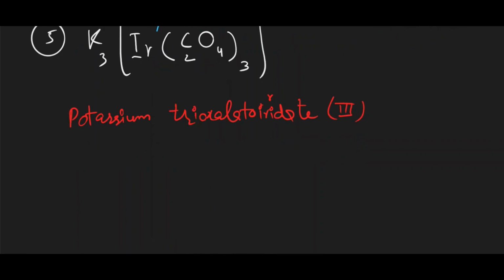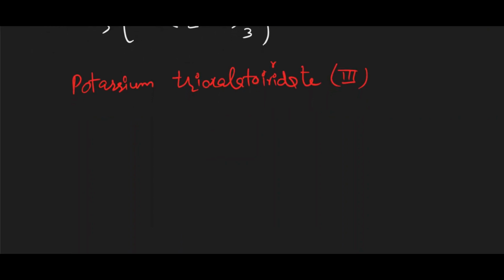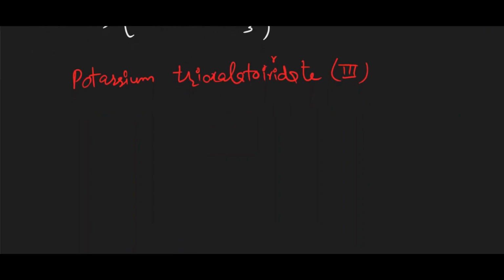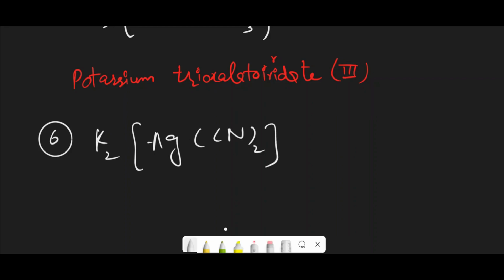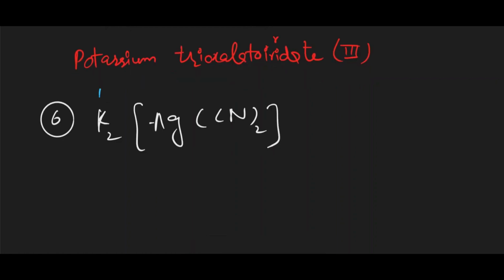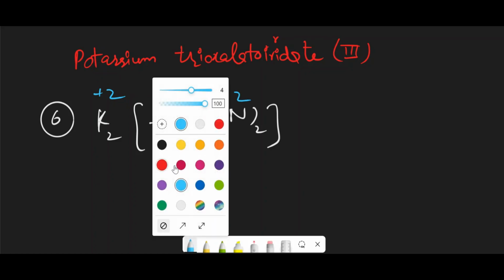Now we come towards our last complex, the sixth one, and it is potassium, silver, and cyano or cyanide. So it is +2, -2, and silver is 0.